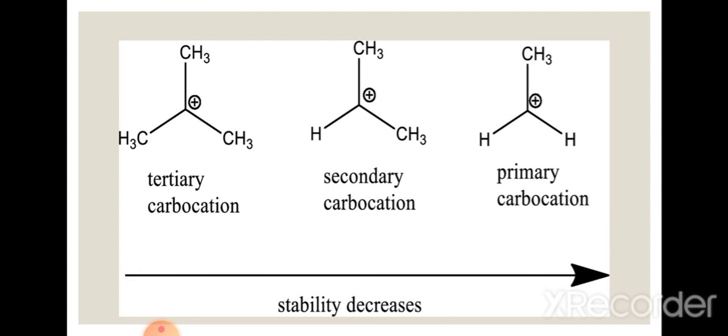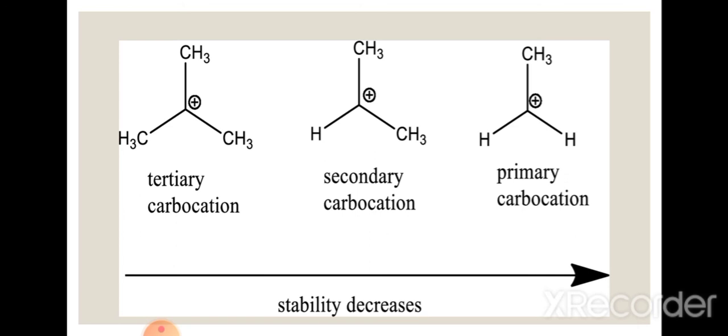Means any factor which decreases the positive charge of carbocations will increase its stability, and this depends upon the inductive effect and hyperconjugation. Whatever factors are decreasing the positive charge, they are increasing the stability.